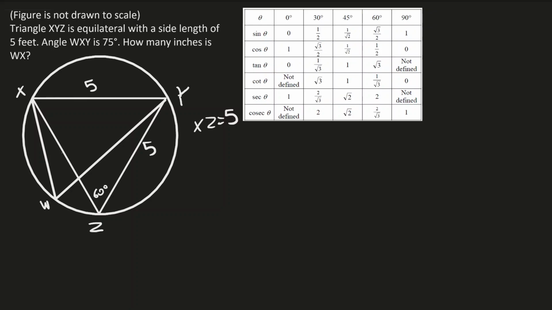So this is 60, and angle ZXY is 60, and angle ZYX is also 60. We are given that angle WXY is 75 degrees.